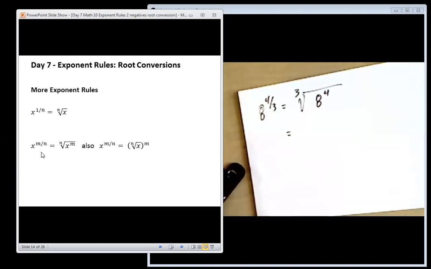It's 4,096? Or wait, 256? No, it's 8 to the fourth power. So I think it's 4,000. Yeah, 4,096. It is.